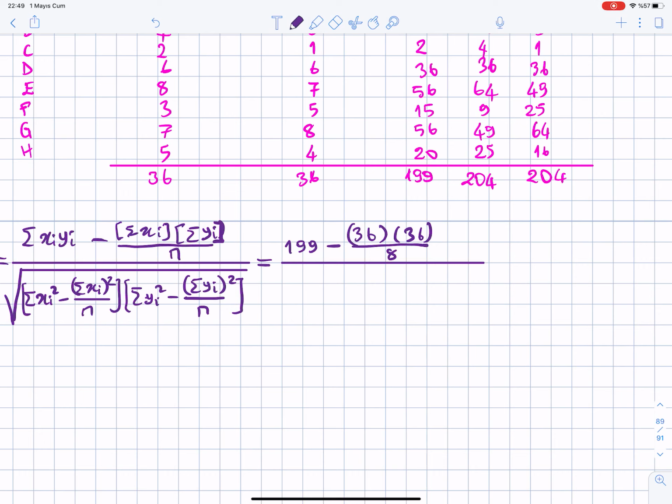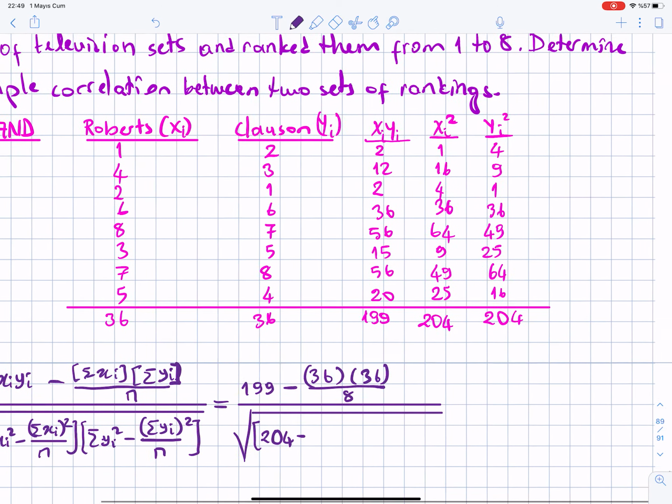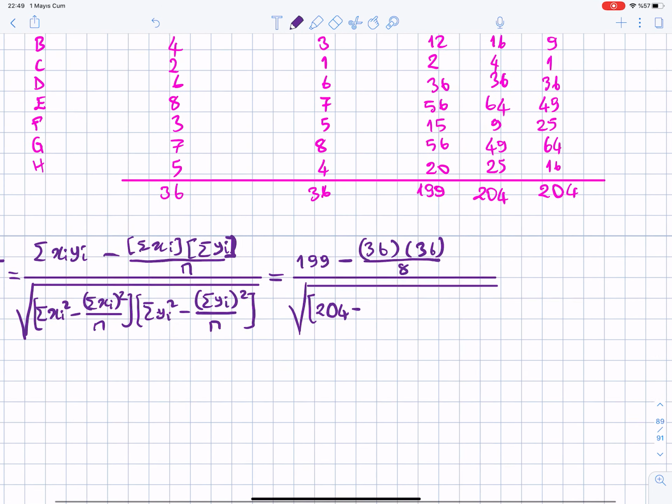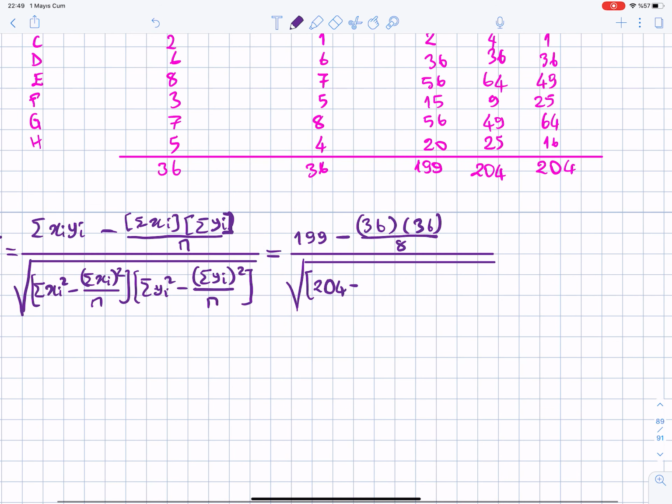Within the square root, we have the sum of xi squared, which is 204, minus 36 squared divided by 8.